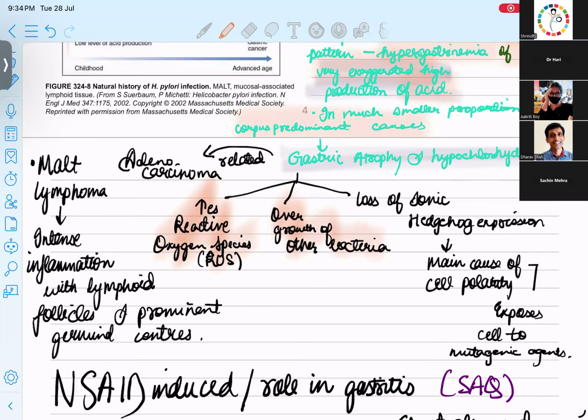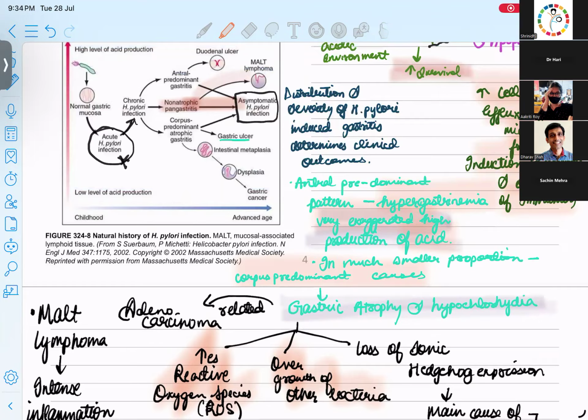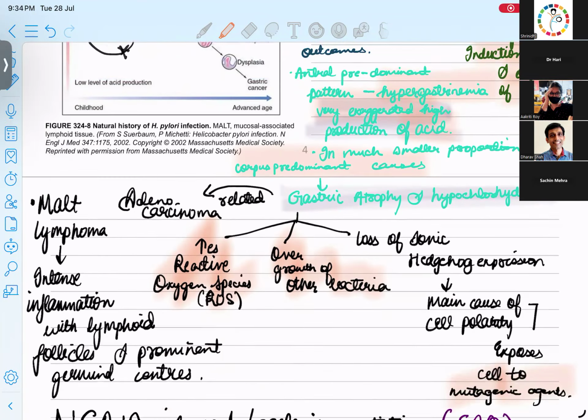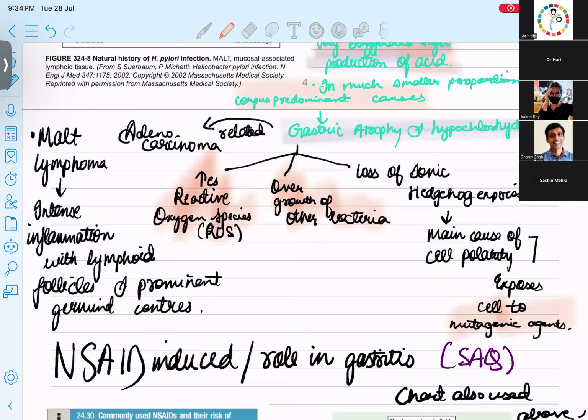It is not necessary to remember all the terminologies, but understand that it is a main cause of loss of cell polarity and it exposes the cell to mutagenic agents.